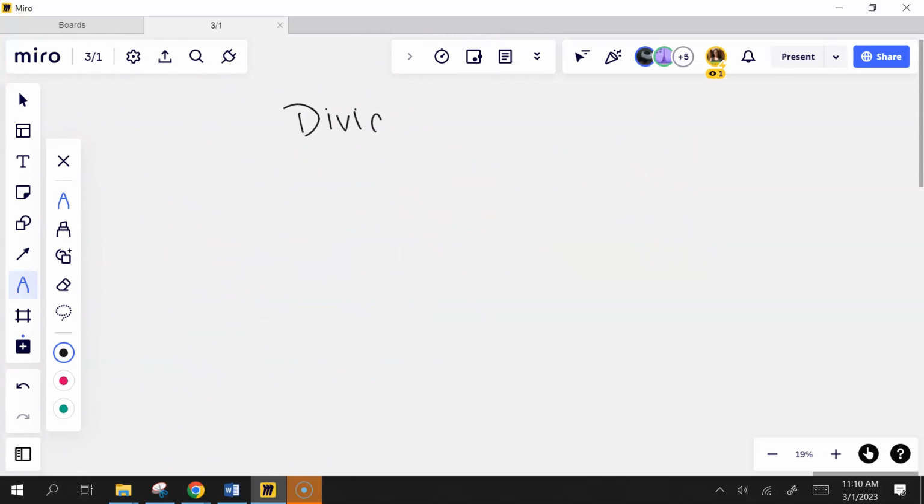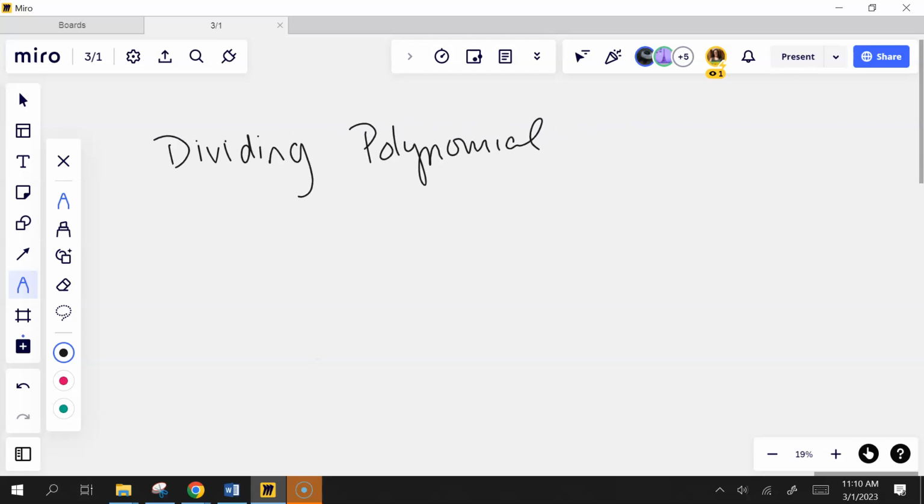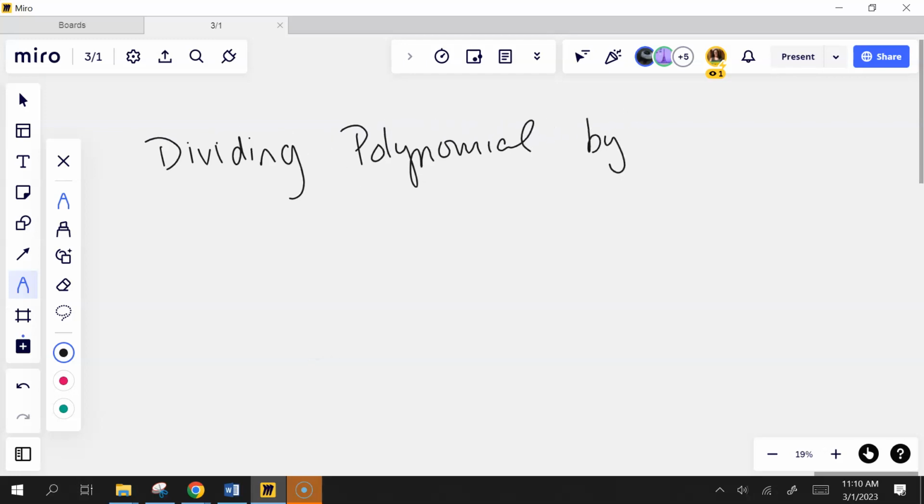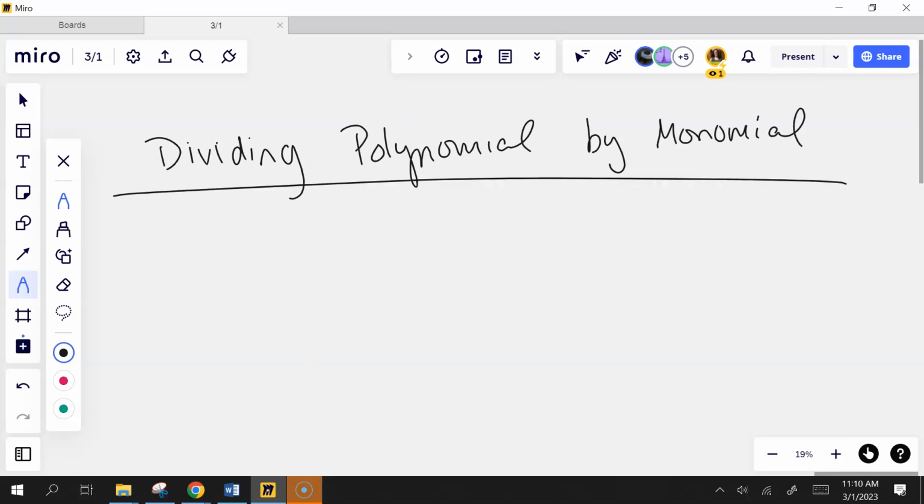This was supposed to be your intro lesson to polynomials. But remember, we did a little review yesterday of some Algebra 1 stuff. So let's say I have something like 30 c^8 d^3 minus 36 c^6 d^2.